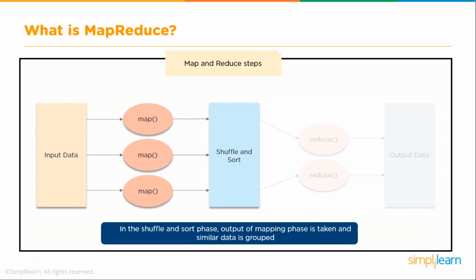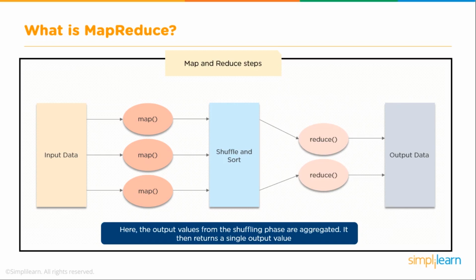So there would be some kind of shuffling and sorting wherein the output of the mapping phase is grouped together so that it could be further processed. Then we have our reducing phase, which depends on the reducer function, and this reducer function does the reduce task of working on one or multiple inputs coming from the output of the map phase. Reducing does the aggregation and finally creates a final output.